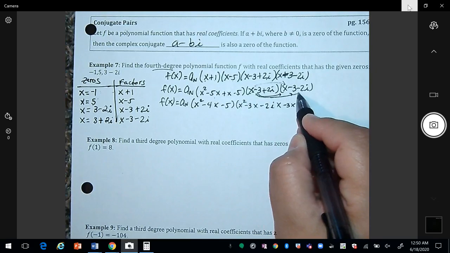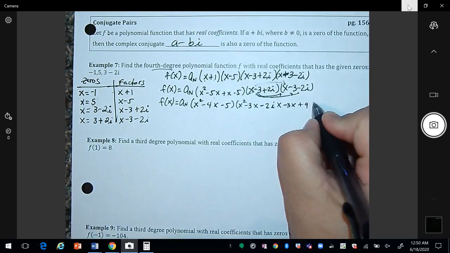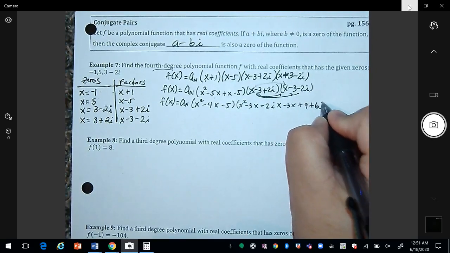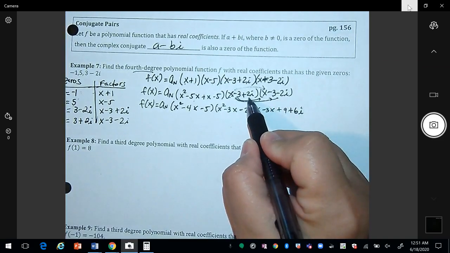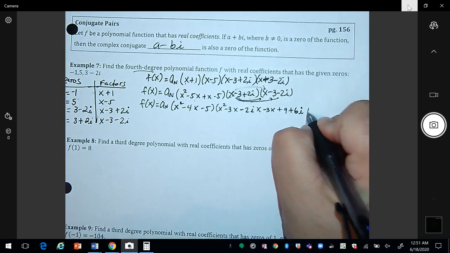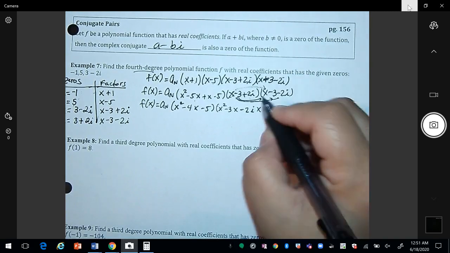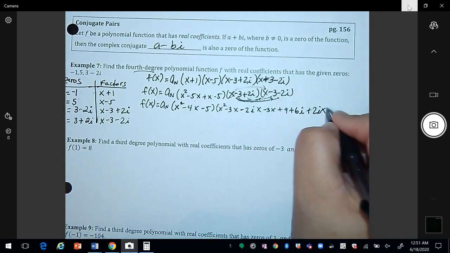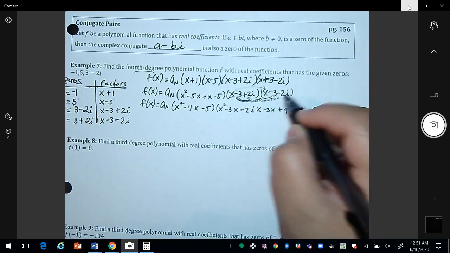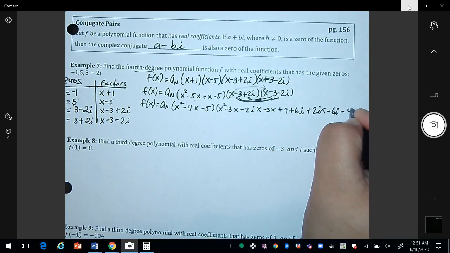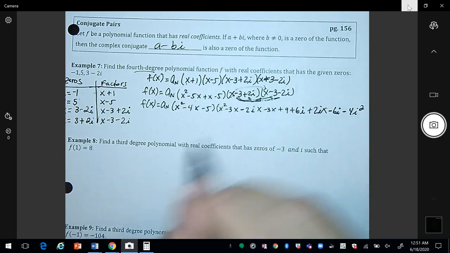And -3 times -2i is +6i. And then last, we multiply 2i times x is 2ix. 2i times -3 is -6i. And 2i times -2i is -4i squared.